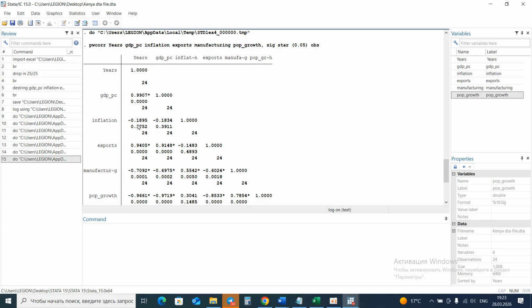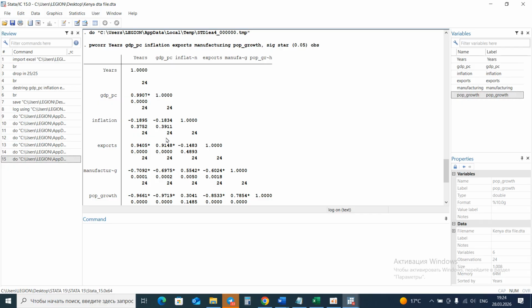As you can see, we have positive and negative outcomes, which means that inflation has seen a decrease over years instead of increase, and inflation negatively affects GDP. So if GDP increases, inflation decreases, while if inflation increases, then GDP decreases.